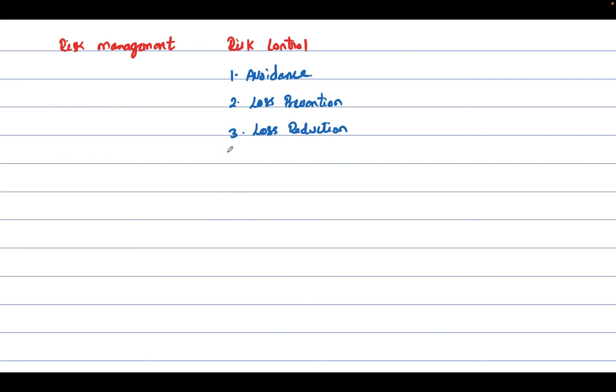The fourth one is separation. So this involves dispersing key assets so that a catastrophic event at one location affects the business only at that location.